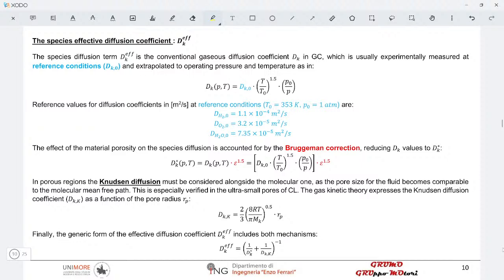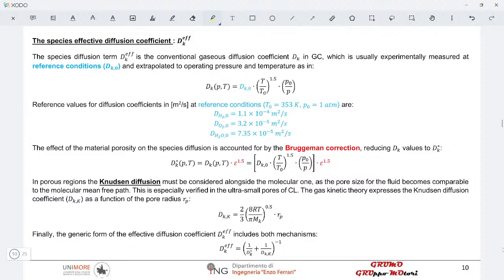How fast will it diffuse in the surrounding fluid environment if there is no mean flow? Just because of the concentration gradient, this is the diffusion. Different species will diffuse at different rates, so it's a property of that species.